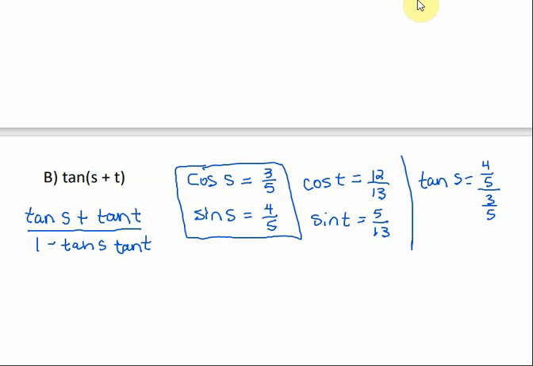So we would just take that and multiply by the reciprocal, and the 5's would cancel, and the tangent of s would be 4 over 3.